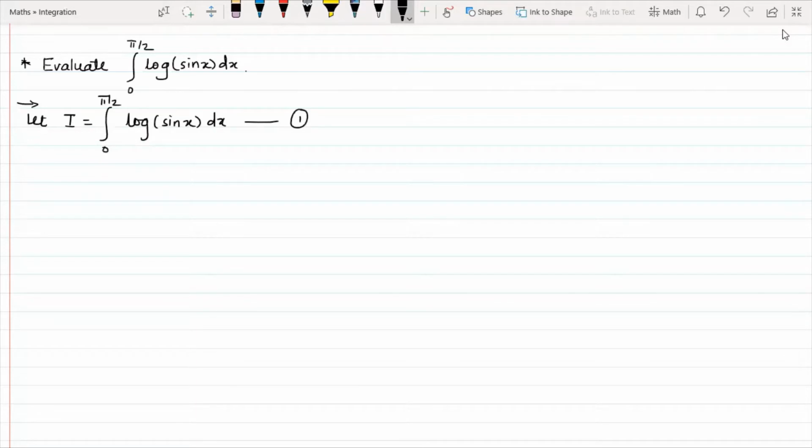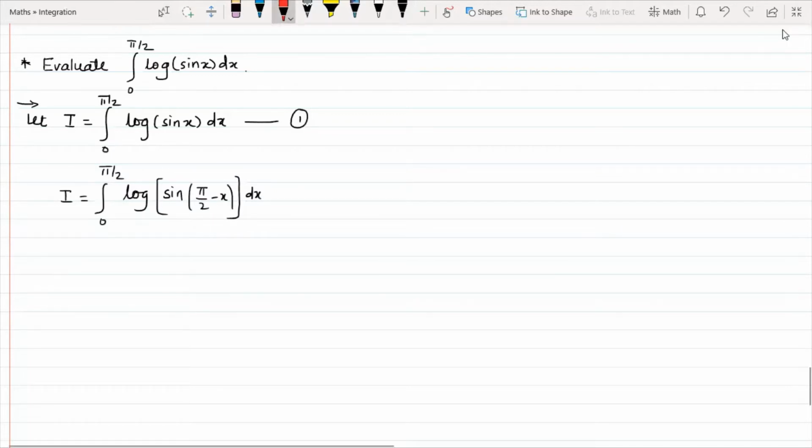Now in the next step, I can write I is the integral from 0 to pi by 2 of log of sin of pi by 2 minus x dx. Now what have I done here?